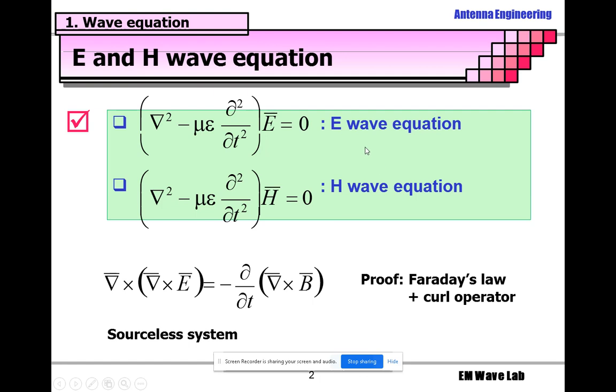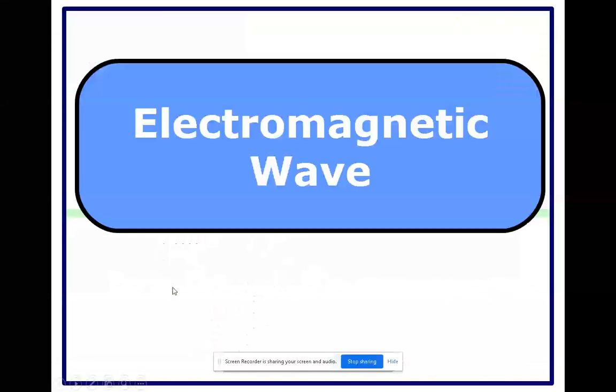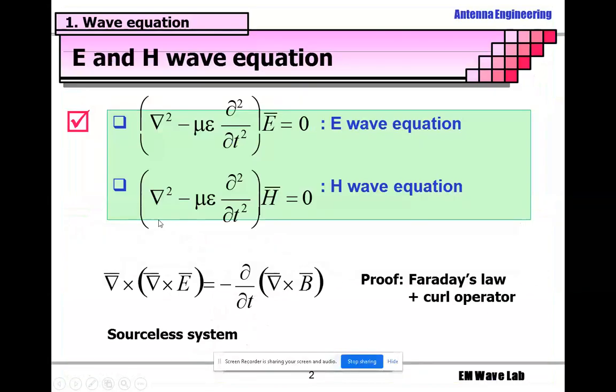It is for electric field E and magnetic field H. Del square minus mu epsilon dou square by dou t square into E vector equal to 0. Similarly for magnetic field, del square minus mu epsilon into dou square by dou t square into H vector equal to 0 will give the magnetic field wave equation.